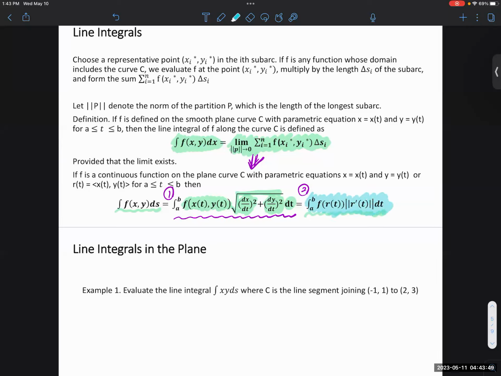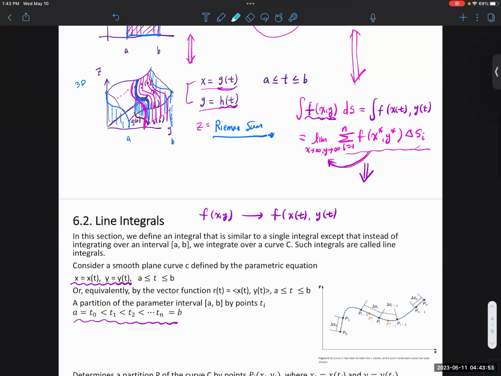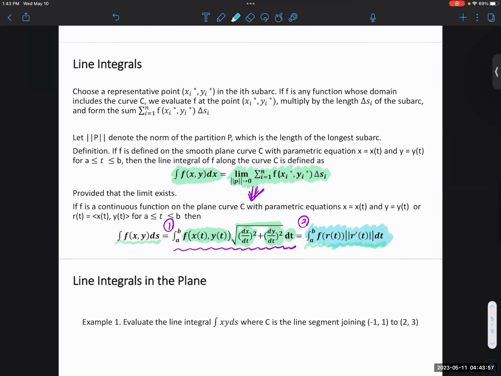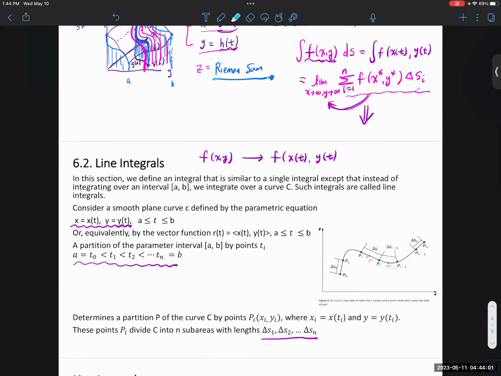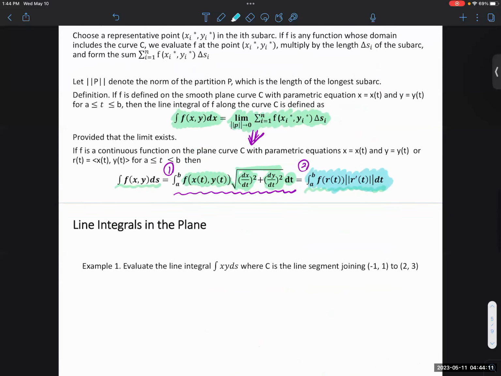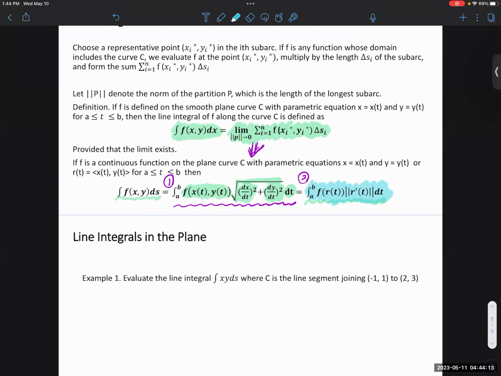We're going to utilize this formula to find the area, like the three-dimensional space area. This is what we call a line integral because we are taking the integral along a line. It could be a quadratic line, it could be any type of polynomial line. We don't know what kind of line you're going to deal with, but we are taking the integral to find the summation to find the area in three-dimensional space.